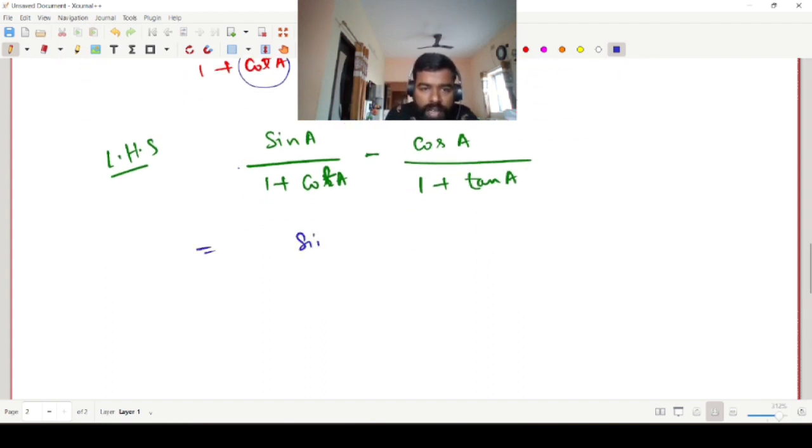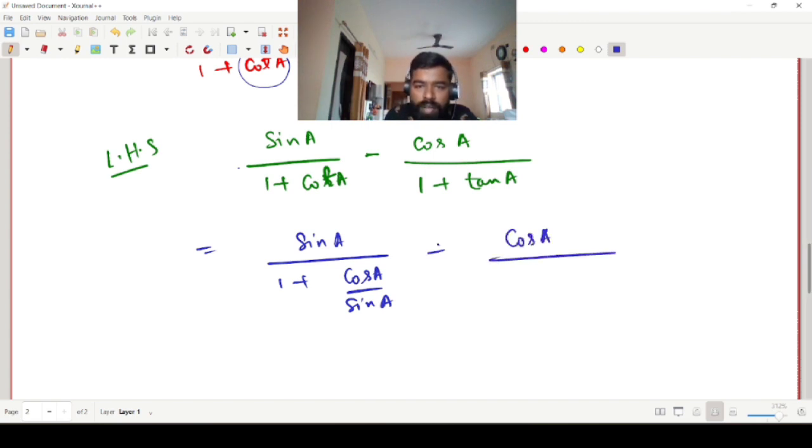So I'll write sine A by 1 plus cos A by sine A, and then minus cos A by 1 plus sine A by cos A. As we have discussed, we need to convert everything into sine and cos.